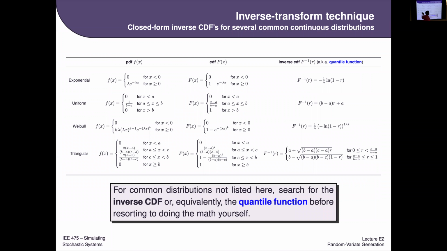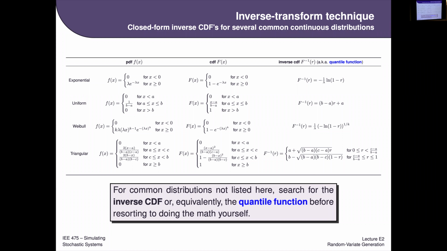All I'm summarizing here is that, just like the triangular function, we already know the quantile function ahead of time. If you look up distributions on Wikipedia, for example, these are ones from the book, then you can actually find quantile functions, also known as inverse CDFs, already derived for you. So for all of the major distributions that have an analytical quantile function, you can already find those written out.